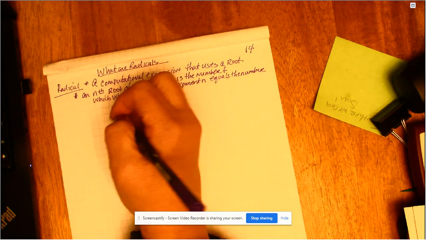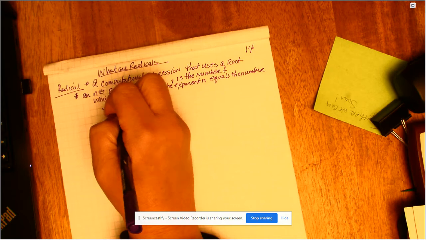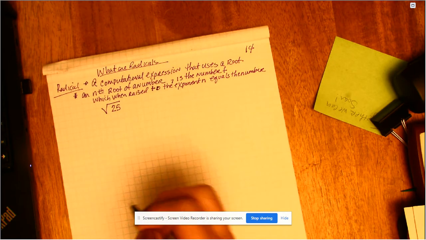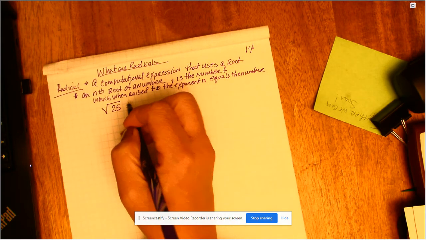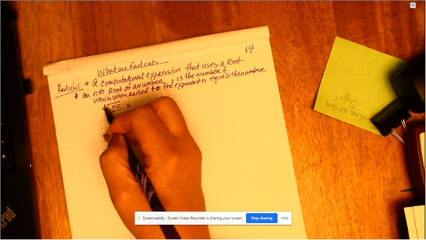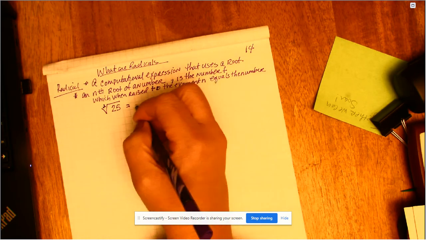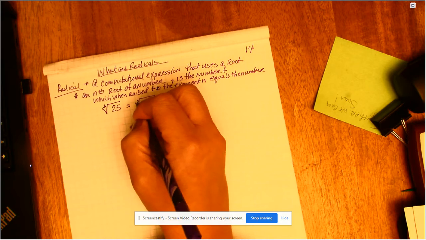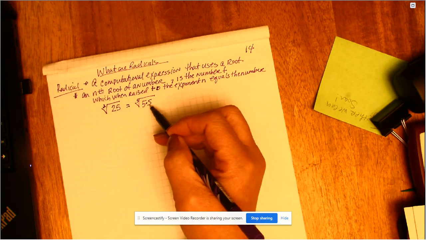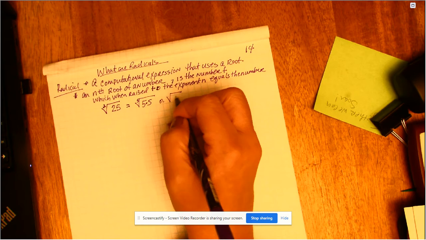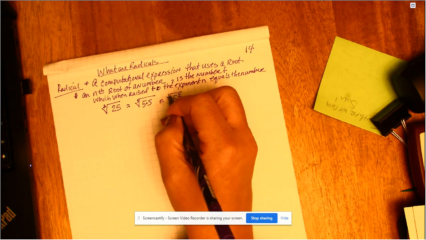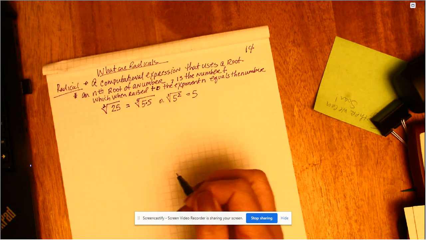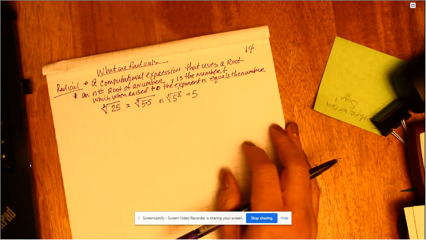So an example of this would be, if we're looking at the square root of 25, square means a value of 2. Because we know 5 times 5, or 5 to the second power, equals 25, this equals 5. And as we go through more explanation, it will become clearer.